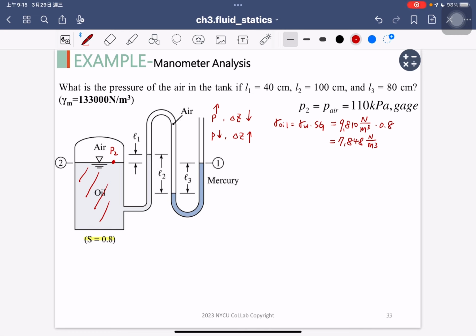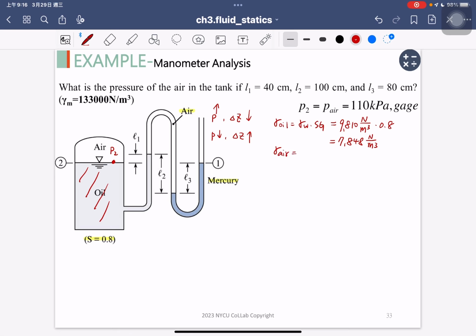Okay, and what other fluids do we have? The second fluid is also air. And another manometer fluid is mercury.